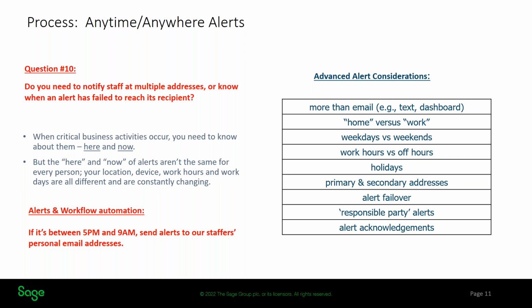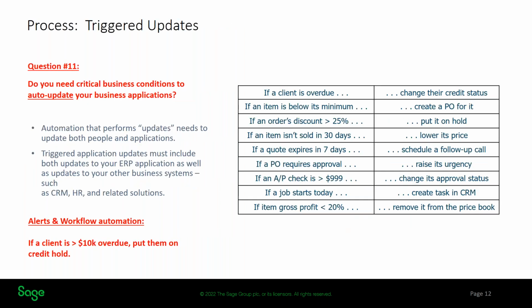So anytime, anywhere alerts. And then triggered updates. There's all kinds of things that are trigger events, right? So if you look at Sage 100, which you all have, it's modular. We started with GL, AR, OE, IC, and so on. Every time data moves from one module to the next is an opportunity for a trigger, so we can update people, whether internally or externally.